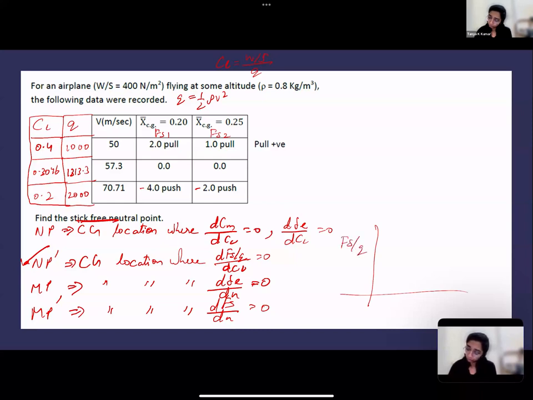Fs by Q and Cl. And then you should have some sort of a line. So you need 2 points for that. Right?